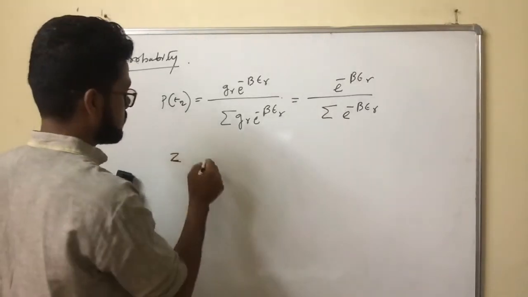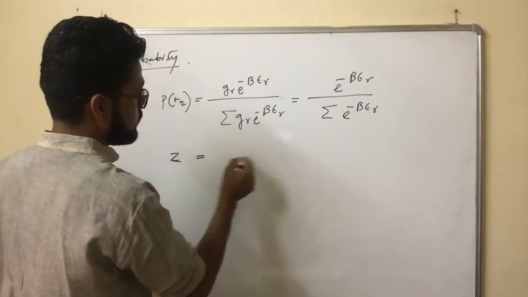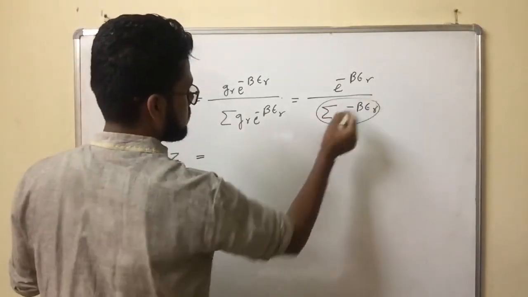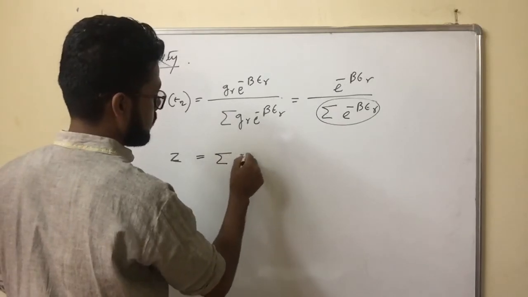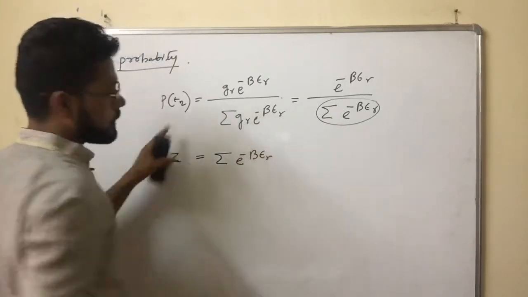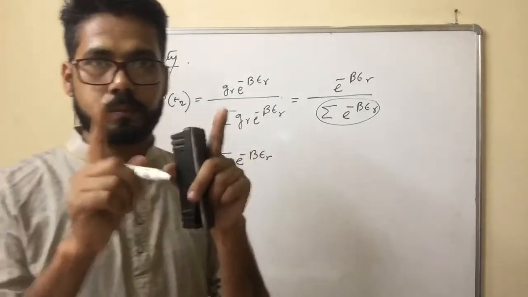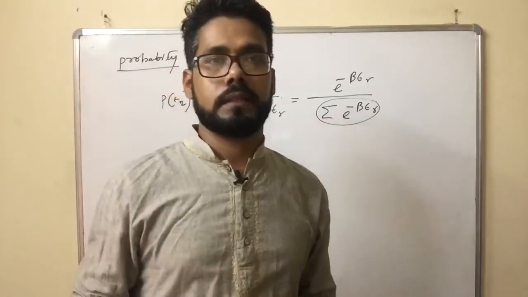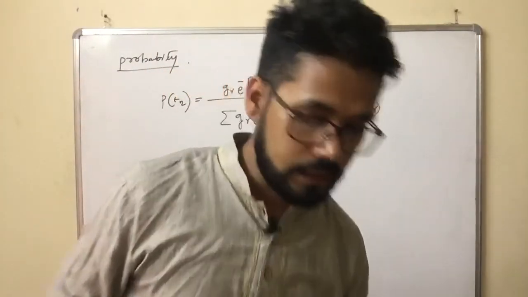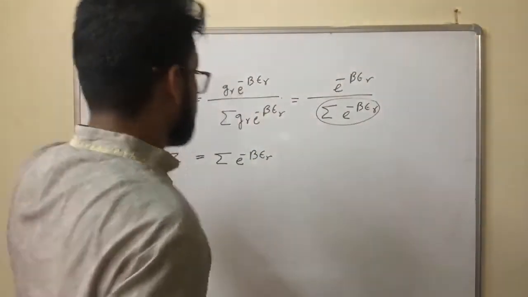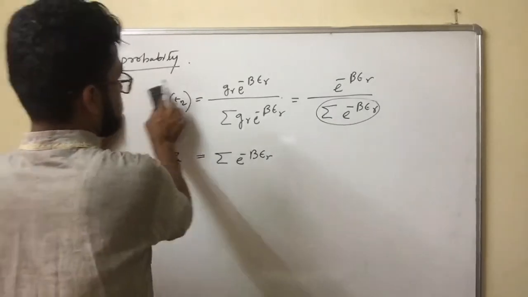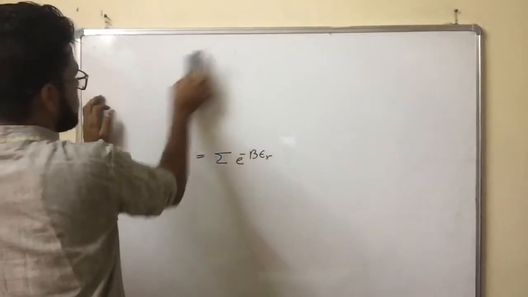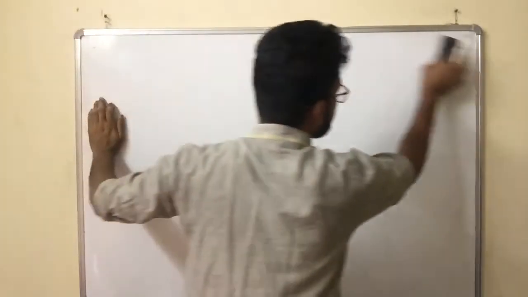What is a partition function? This is known as the partition function, e to the power minus beta E_r summed. First of all, I will discuss two parts, probability and partition function. Then you will understand easily. After that, I will give the general formula.